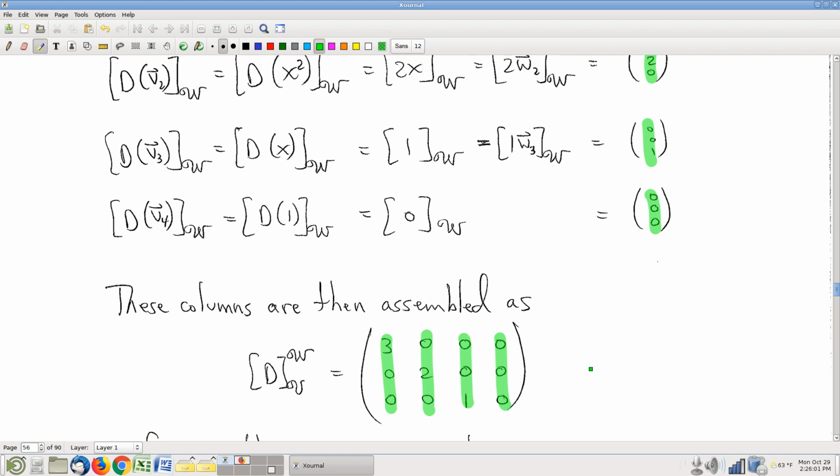As we've written it down here, this only works for polynomials in P3, understood with respect to that basis, and with outputs understood strictly with respect to that other basis.